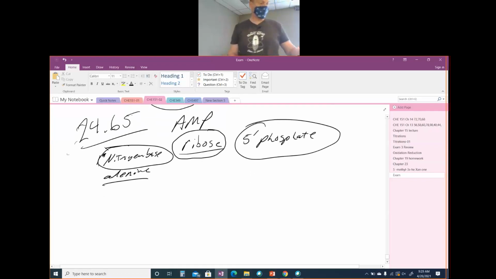And your ribonucleotides, these are monomers of RNA. Your deoxyribonucleotide is the monomer for DNA, and they will link between the 3' hydroxy and your 5' phosphate.